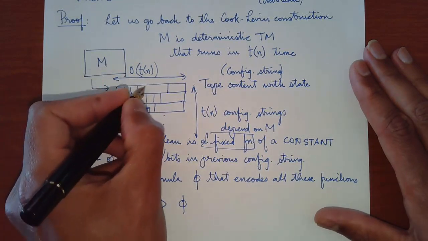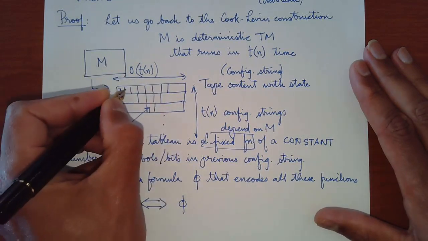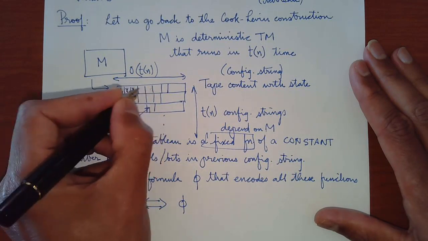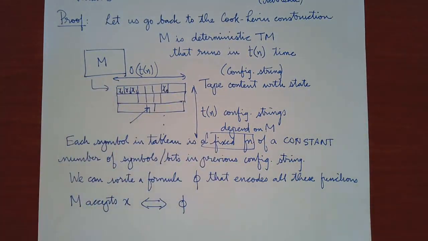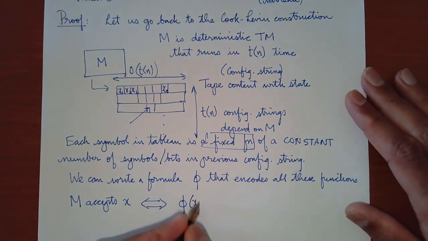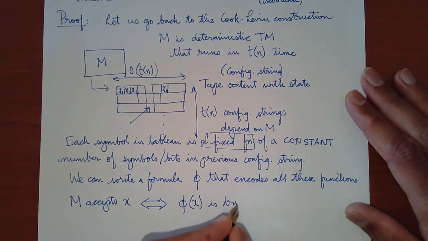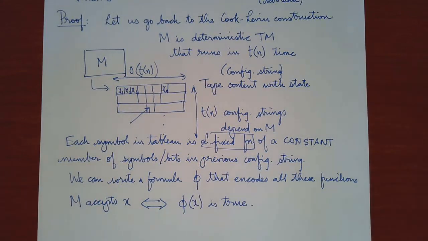So the initial configuration of the tape will have the x1, x2 up to xn written. These are the only inputs, and everything else is just some function of the input. If and only if phi of x is true. Right? This was essentially the content of the Cook-Levin construction.